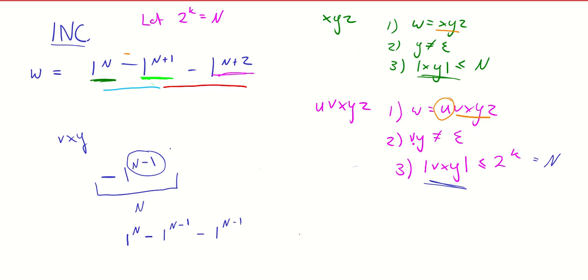Now, keep in mind, this is if we max it out. So if we pick different numbers of ones to include in our VXY when we're pumping, we're still going to end up with a number that is smaller than n. So we don't actually have to consider all of the different ways that we can put our dash into VXY.